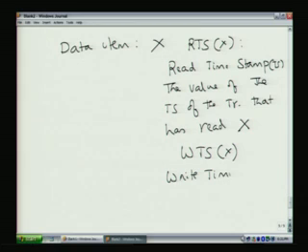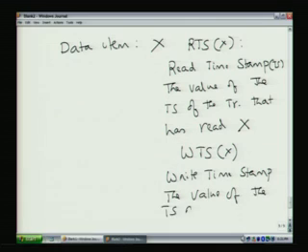The explanation for the write timestamp is similar, except that instead of read, this is the highest value of the timestamp of the transaction which has actually written on the data item X. Okay.